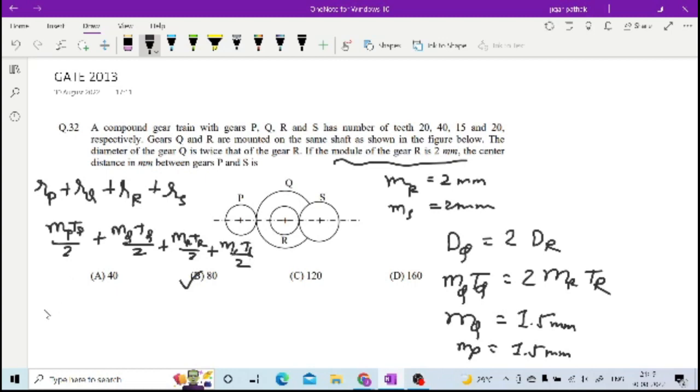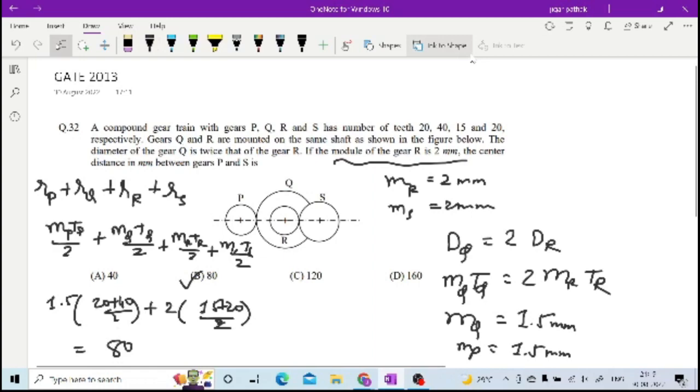So MP and MQ are same, right? 1.5 in bracket, TP plus TQ by 2, that is 20 plus 40 by 2, plus MR and MS are same as 2, right? And again 15 plus 20 by 2. So when you now simplify, you will find your answer is 80. Clear?